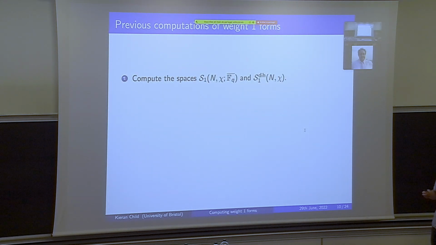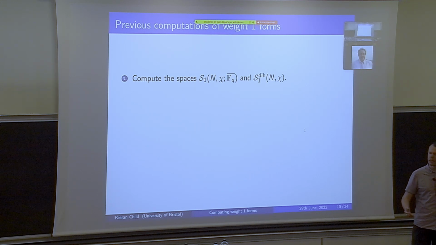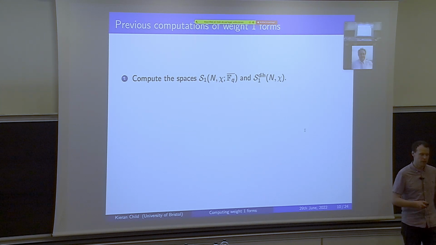So now, how have weight 1 cusp forms, how have weight 1 newforms really been computed previously? Well, there's this general approach which immediately arises from the previous slide. Firstly, we've got this nice fast computation over a finite field, but it might include stuff that we don't want. And then also we've got the fast computation of the dihedral subspace, but that's not the whole picture.